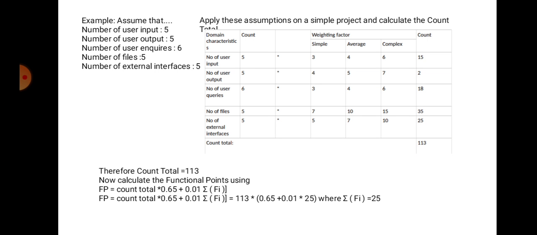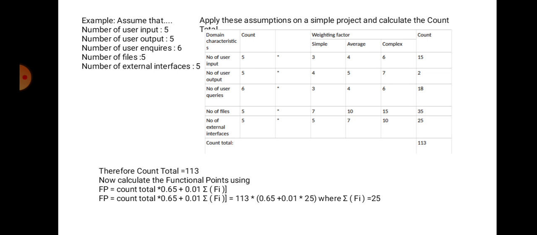Then FP is equal to total count 113 multiplied by 0.65 plus 0.01 into sigma Fi, where sigma Fi is equal to 25, already given.